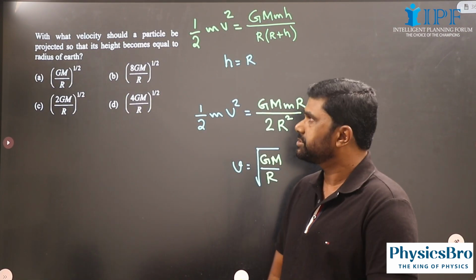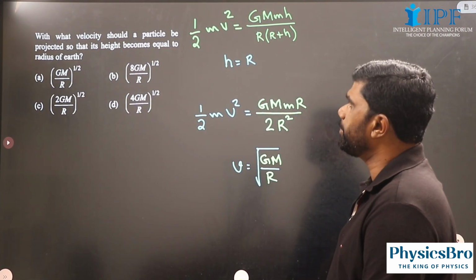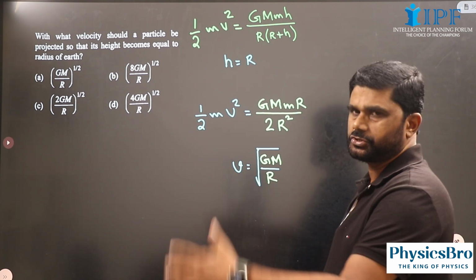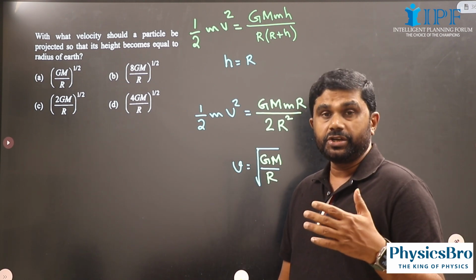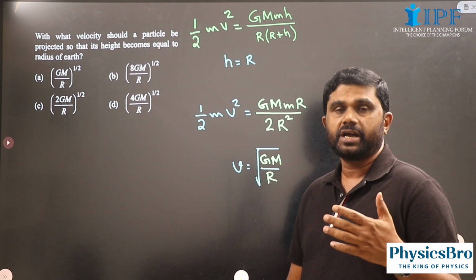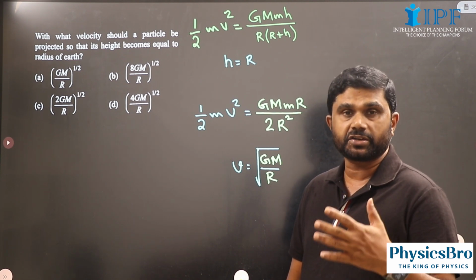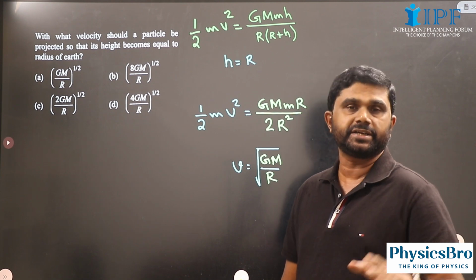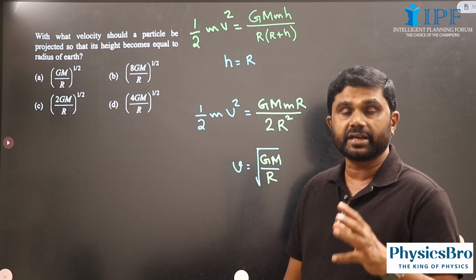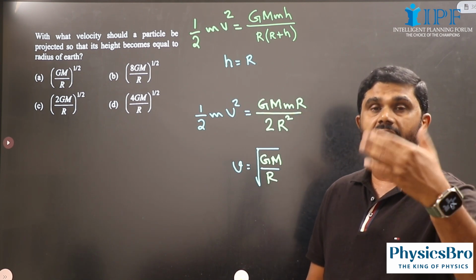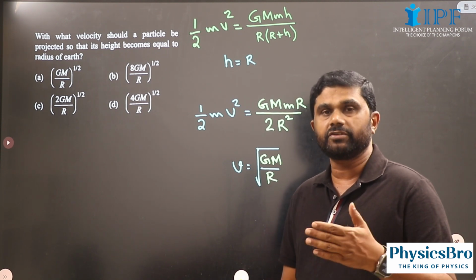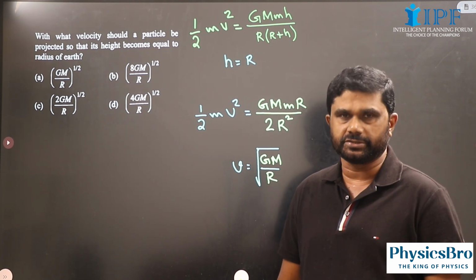Now let's see the next question. With what velocity should a particle be projected so that its height becomes equal to the radius of Earth? When a body is projected and is moving under the effect of gravity alone, at the highest point it loses its complete kinetic energy, and the whole kinetic energy is converted into gravitational potential energy. So the decrease in kinetic energy will be equal to the increase in potential energy.